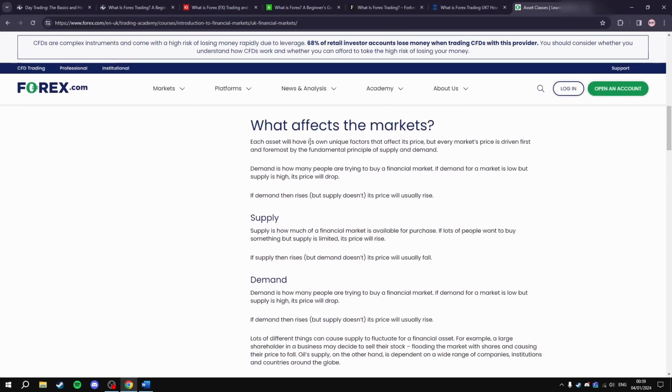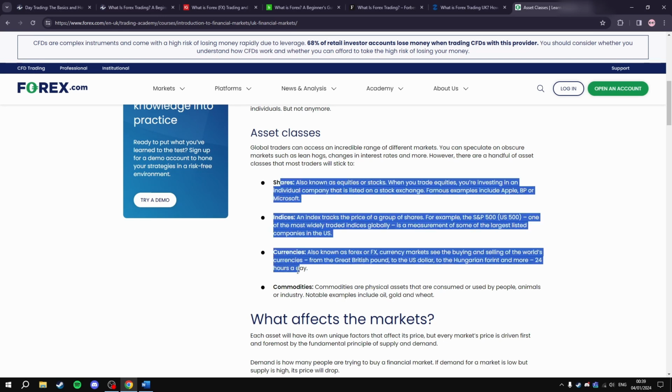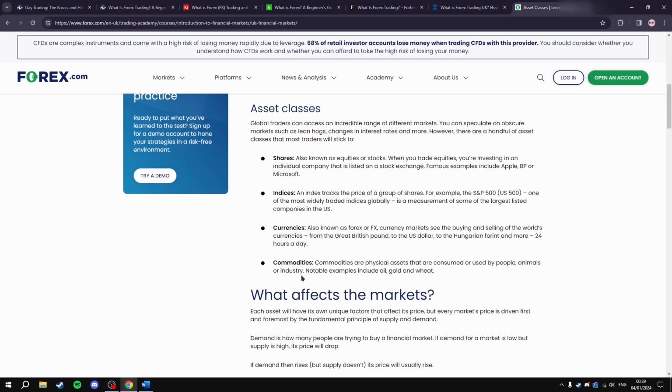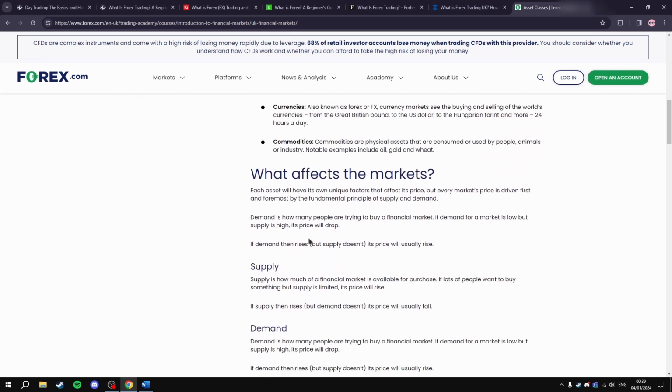What affects the markets? Each asset will have its own unique factors that affect its price.